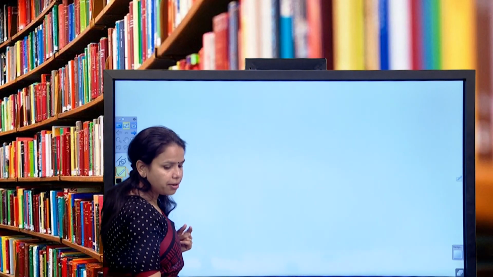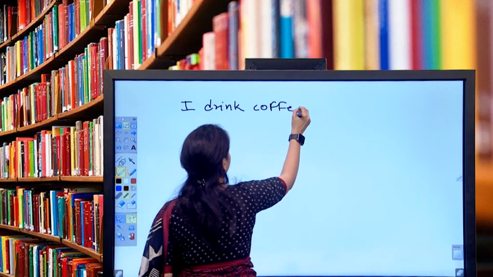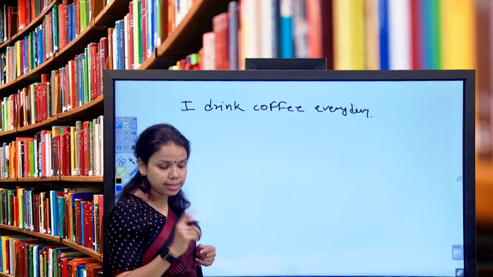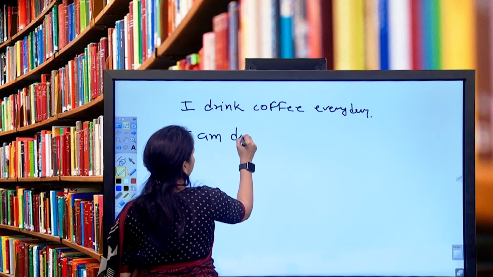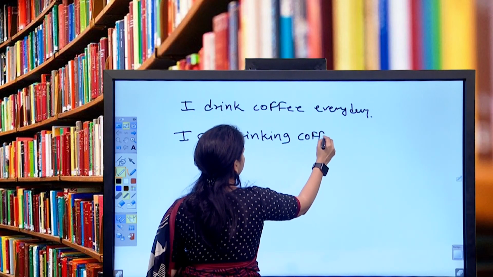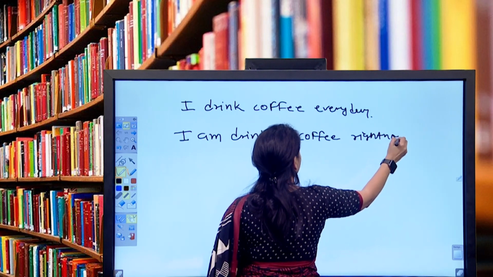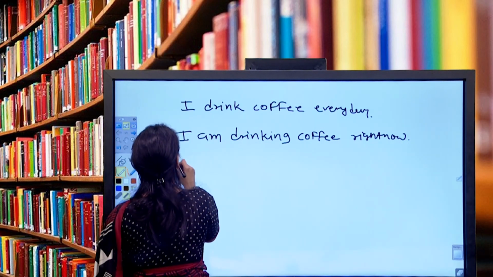The first sentence is I drink coffee every morning. Second sentence, I am drinking coffee right now. Third, I drank coffee yesterday.